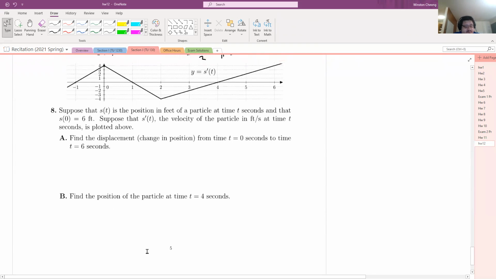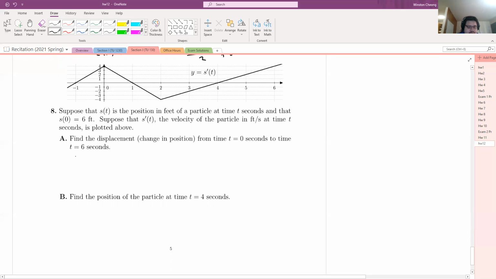Right. Well, the last problem here just involves this graph. And this graph is of the function s prime, and we have to work with s instead. So we're thinking about the integral of this function. So part A is asking to find the displacement from t equals 0 to t equals 6.